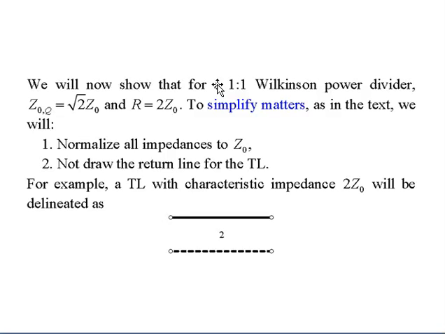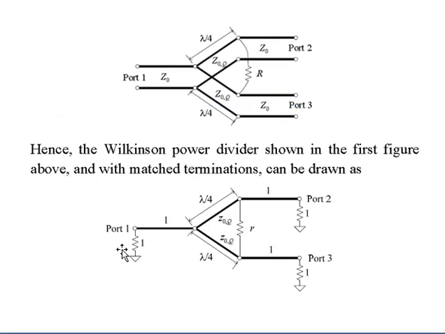To simplify matters, we will first normalize all the impedances to Z0, and second, not draw the matched line for the transmission line, meaning that a transmission line with characteristic impedance Z0 will be delineated like this, with no line drawn, meaning that there are no reflections. Here is the Wilkinson power divider shown in the first figure above.